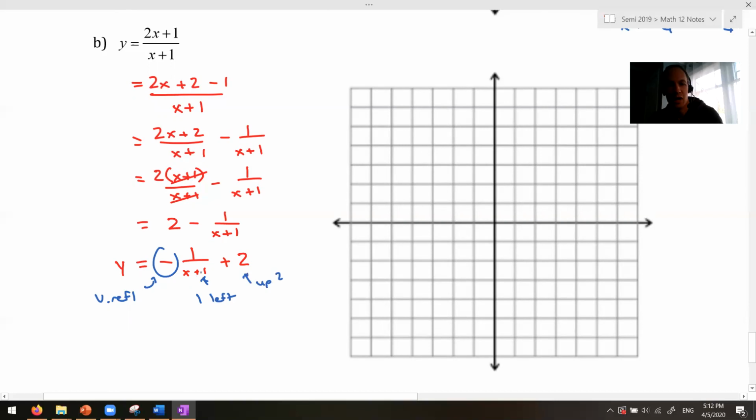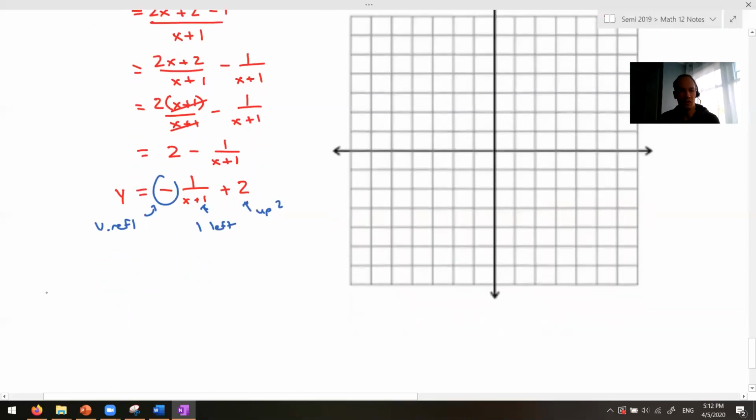So our mapping notation is going to look like any point x, y is going to map to, let's see, we're not going to do anything reflection-wise to the x, but we are going to move this 1 to the left. We're going to flip the sign on y, so we're going to make a negative y, and we're going to add 2 to it.